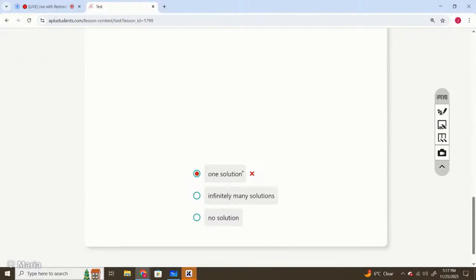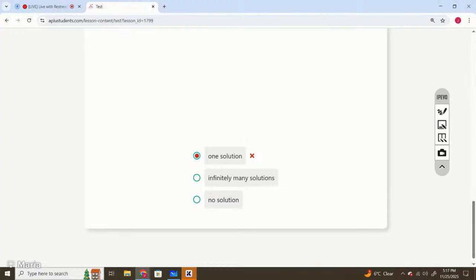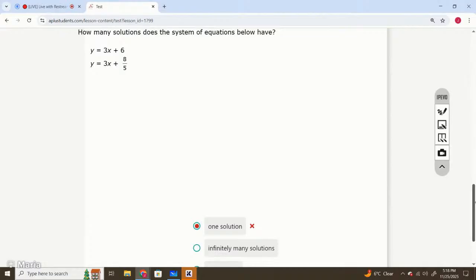Oh, sorry. When they have the same slope and different y-intercept, the system has no solution.